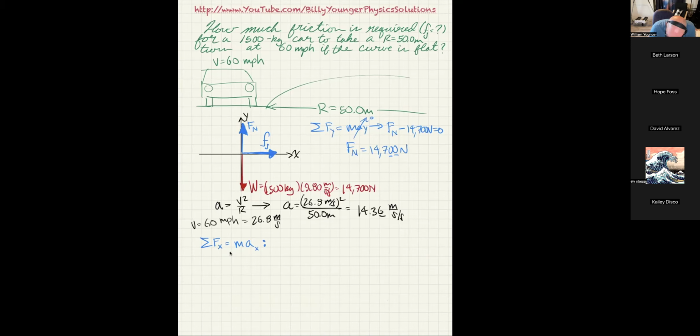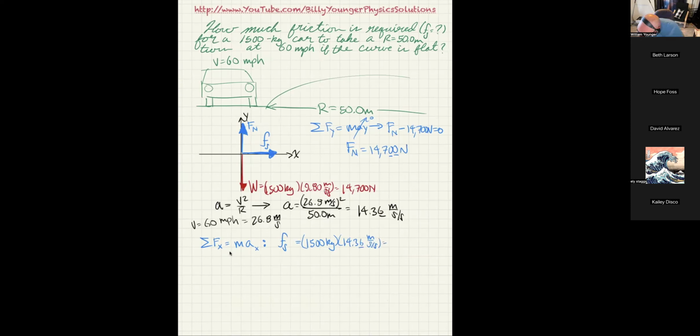The static friction force is the only force pushing it to the right, and that has to supply the mass times acceleration. The mass, of course, is 1,500 kilograms to 4 sig figs, and the acceleration is 14.36 meters per second every second.